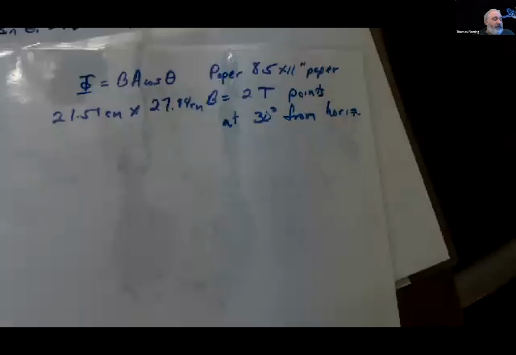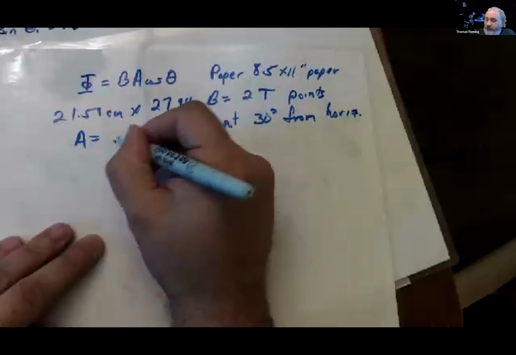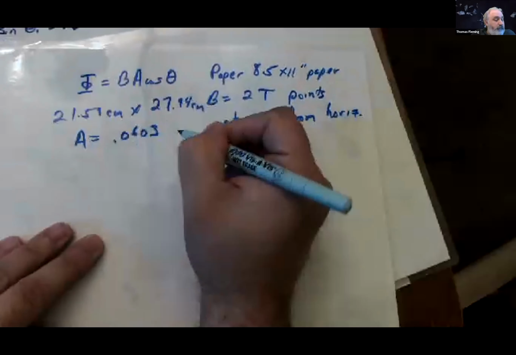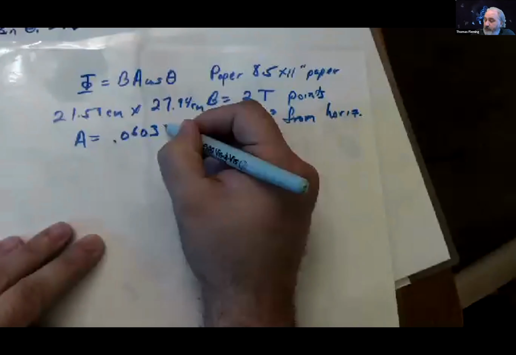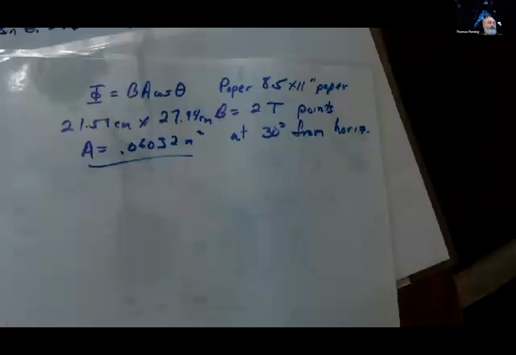So my cross-sectional area in square meters is going to be 0.0603. Let's keep an extra sig fig. So there's my area for that piece of paper.